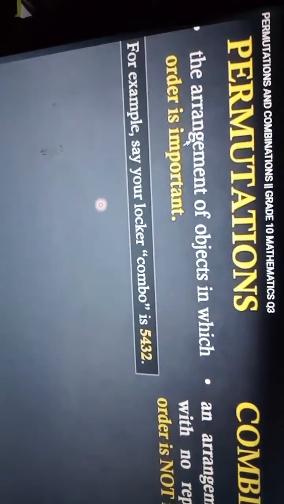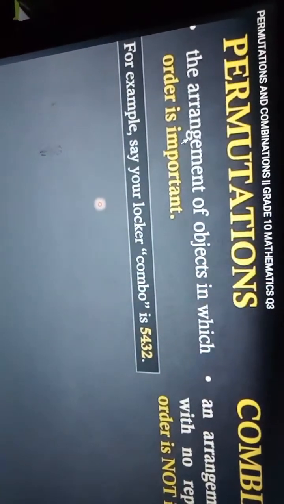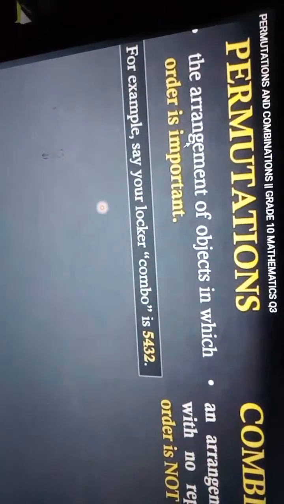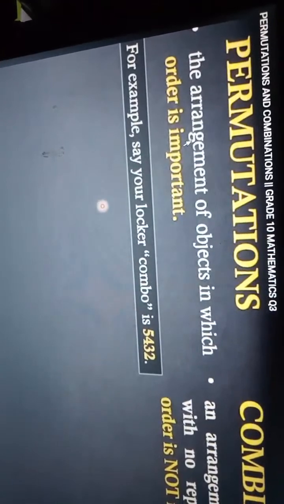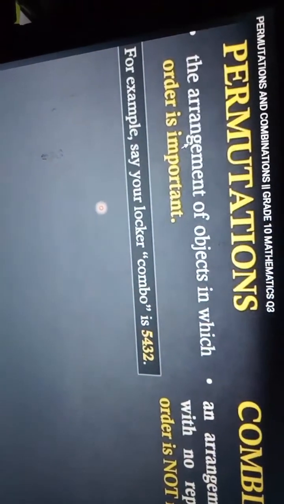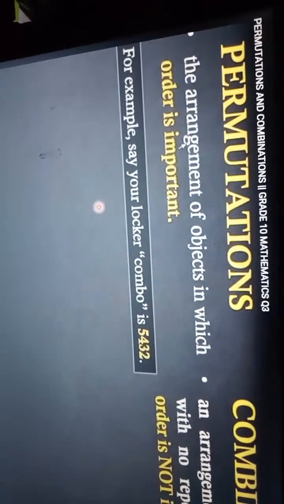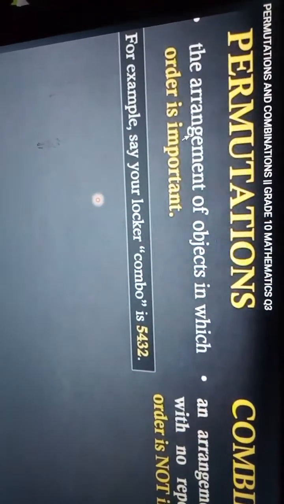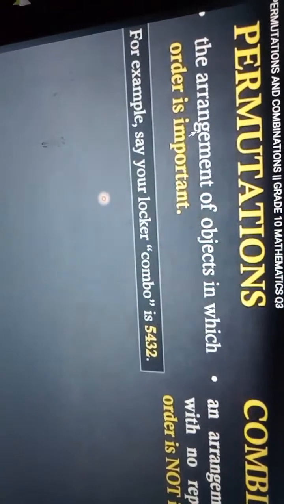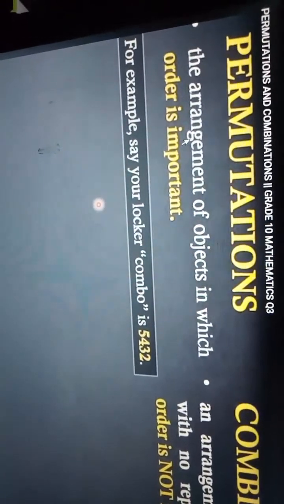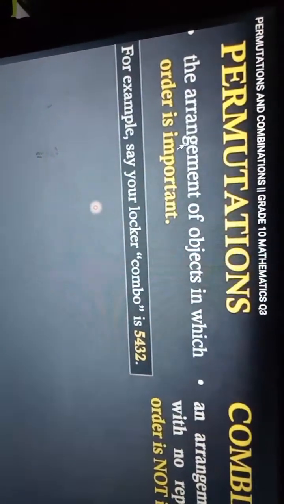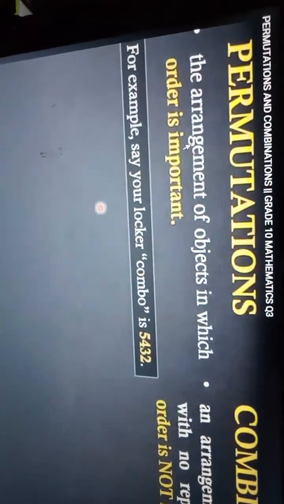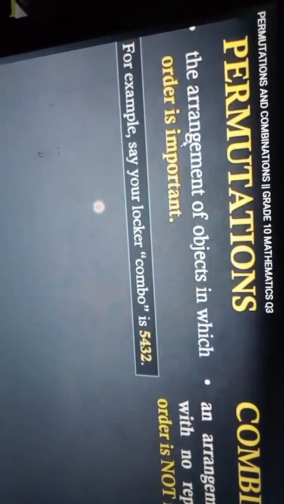So that is 4, then the next lower number, 3, then times 2 times 1. So if you have 5 factorial, you will evaluate 5 times 4 times 3 times 2 times 1.